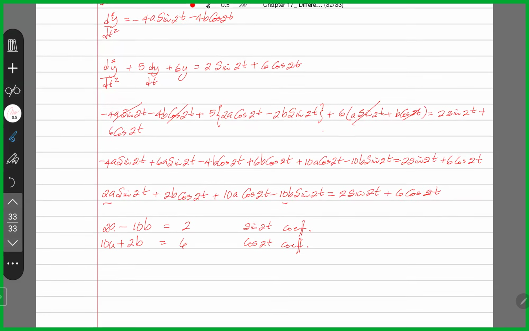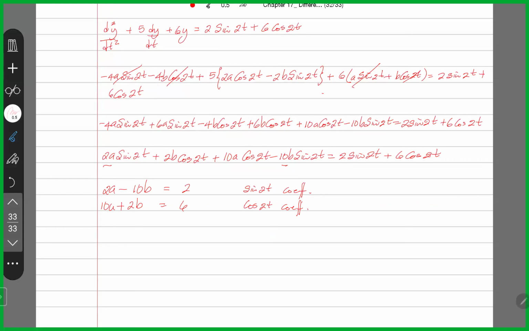All right, so multiplying equation 1 by 5, we get 10a minus 50b is equal to 10. So it's equation 1 by 5. And we have 10a plus 2b is equal to 6.